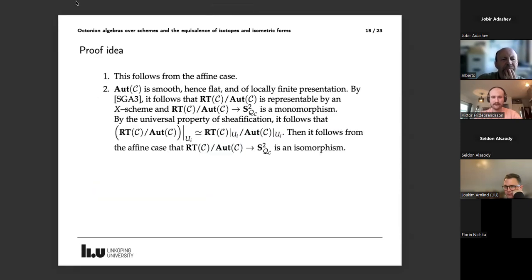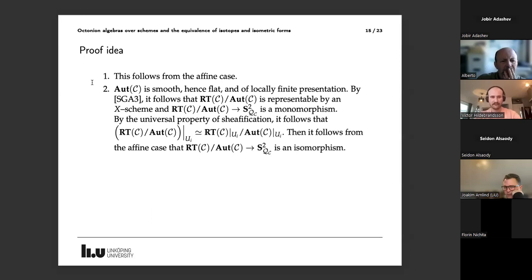The first part follows more or less directly from the affine case, which was shown by Seidon and Philippe.